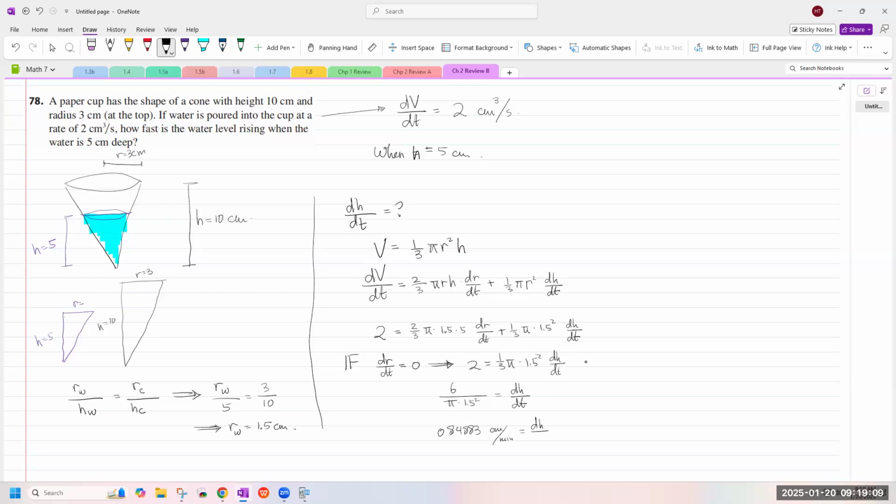That's the dH/dt if we assume the radius is constant, which is not true, because of course as the water level increases, not only does the height increase, the radius also increases, right? Okay, unfortunately at this point I don't have a way to compute this dr/dt. They're supposed to tell us though, which they don't.